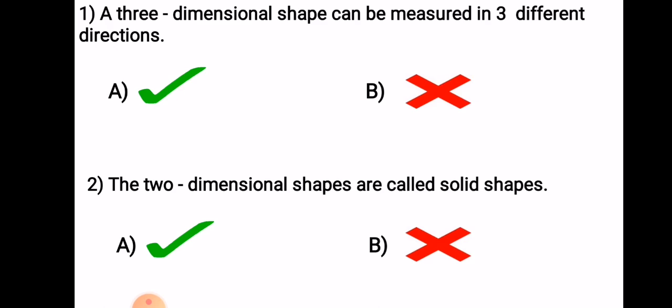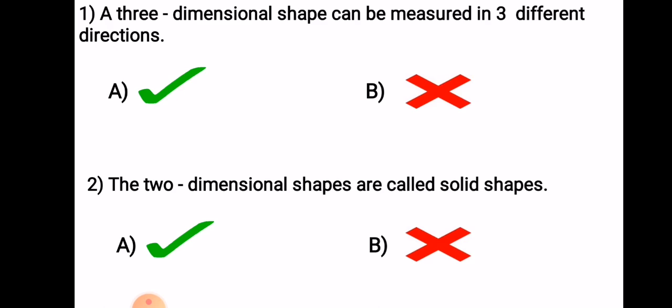Also, we said all of our 3D shapes are solid shapes. We can hold them with our hands. Also, we can put something inside them if we want, like cylinder, cube, sphere, and cone.